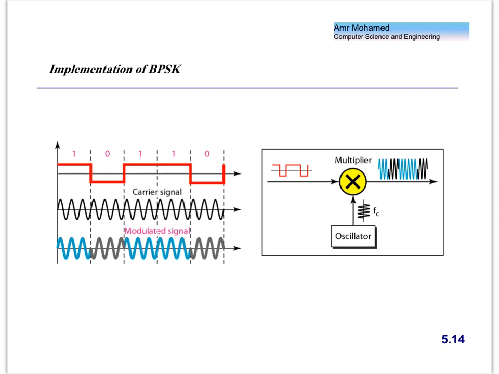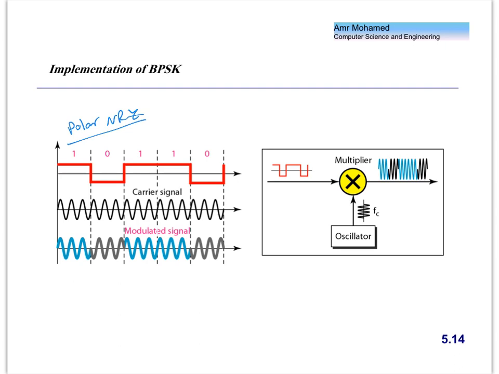In terms of implementation, another piece of good news is that the only thing we need to change is just to use polar NRZ. So instead of using positive and 0, because one is sine and one is minus sine, right?